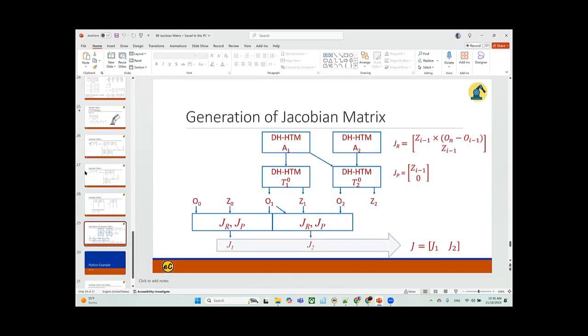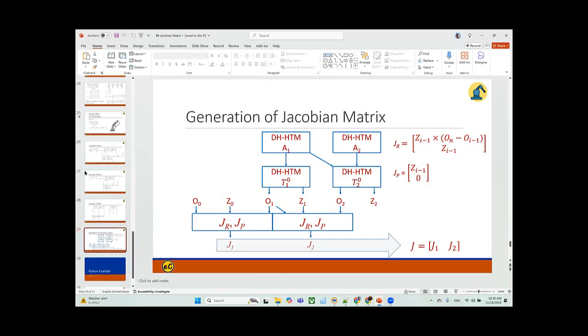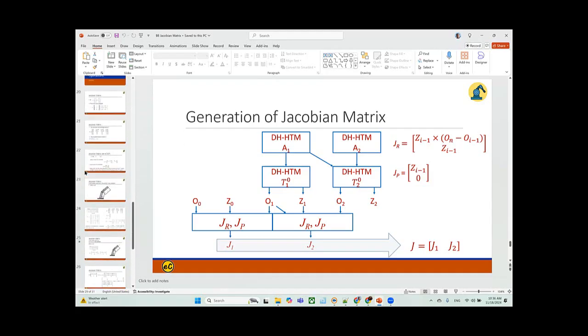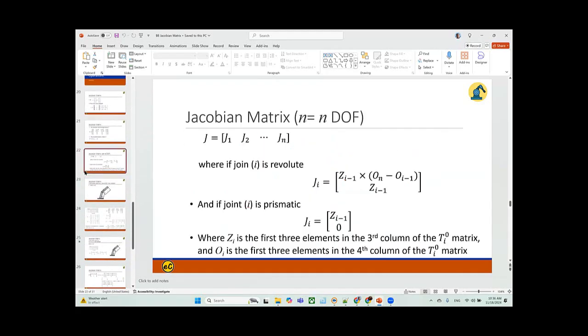So you get it then from the Denavit-Hartenberg matrix. So you have the A1 and A2. And then you calculate the Denavit-Hartenberg matrix, T1 and T2. And from the T1 and T2, you check their O and Z vectors. And the O and Z vectors are defined right here as they are Jacobian columns.